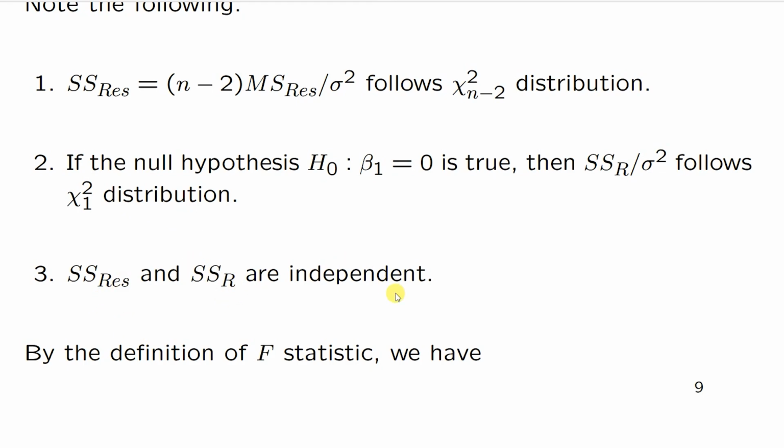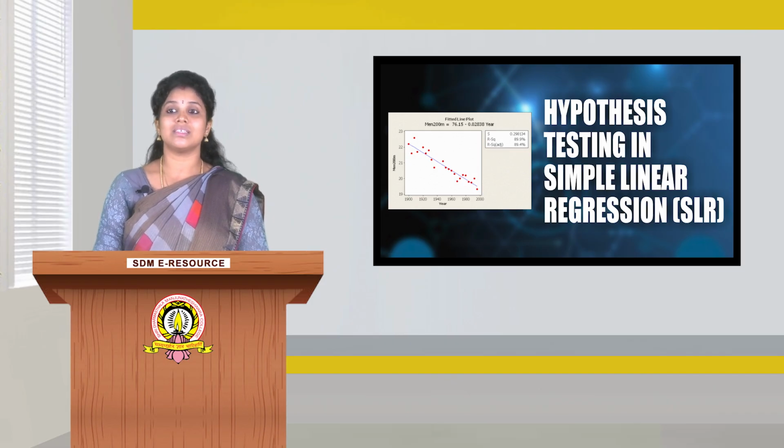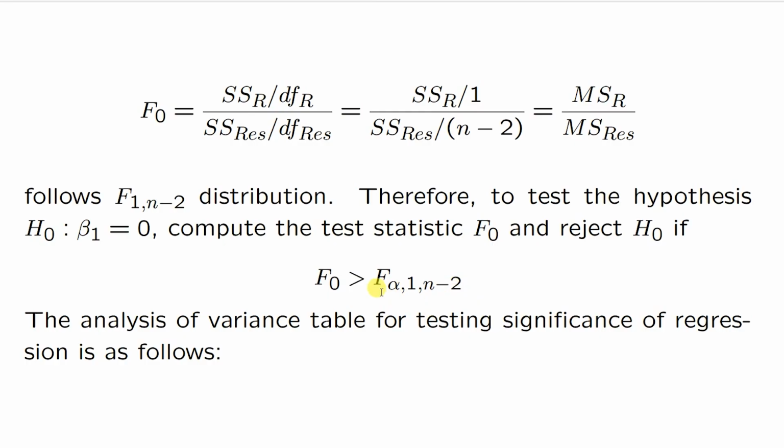Since we know that the ratio of two independent chi-square random variates with their degrees of freedom forms the F random variate, by using this definition the test statistic F0 is given as regression sum of square by degrees of freedom 1 whole divided by residual sum of square by degrees of freedom n minus 2, which is equal to regression mean square divided by residual mean square.